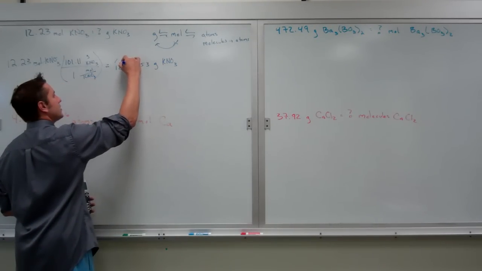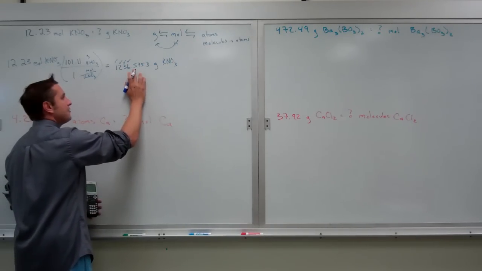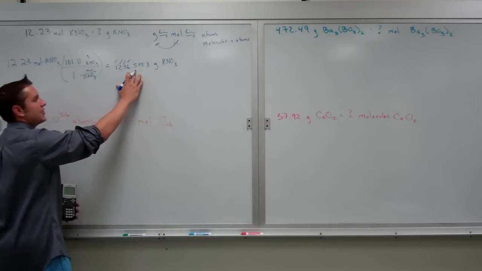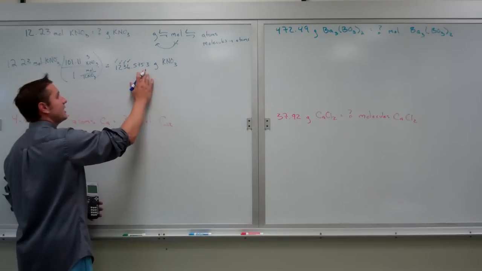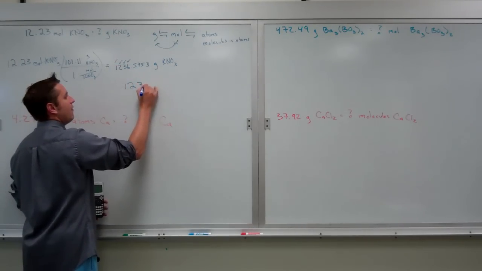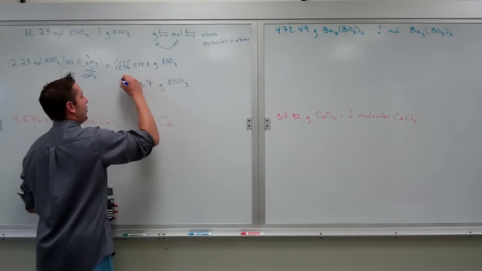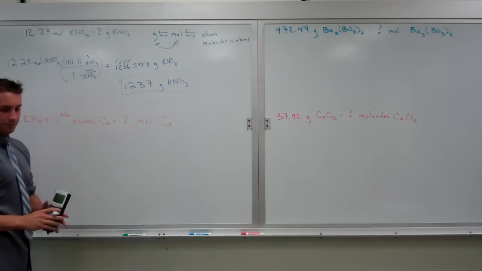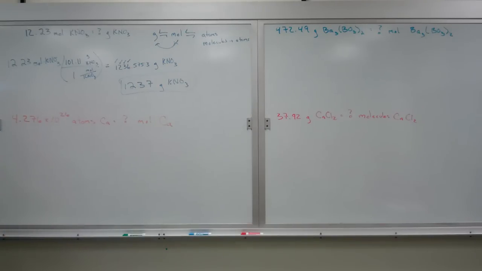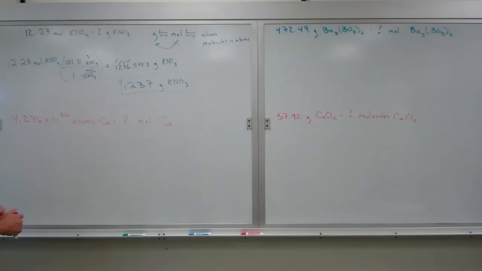Yes. 2, yes. 3, yes. 6, yes. There are my 4. First number after is a 5, so we check if there's anything after. There is. If there's something after, the 6 will round up, so we will have 1,237 grams KNO3. Little 1-step problem, moles to grams.